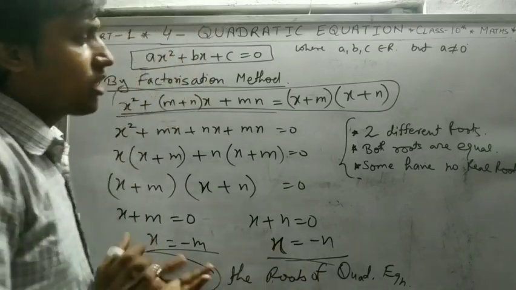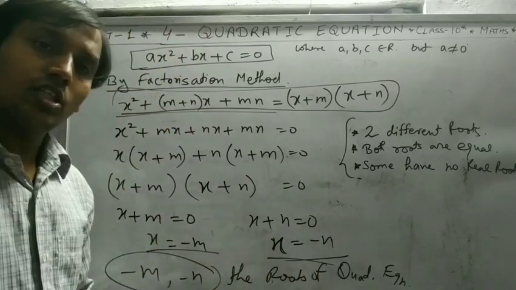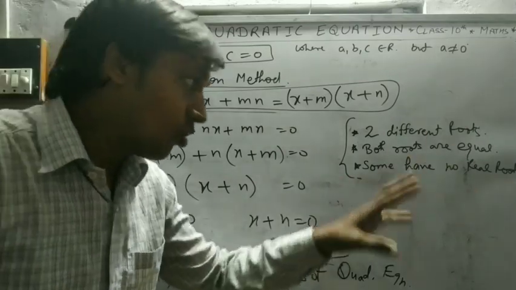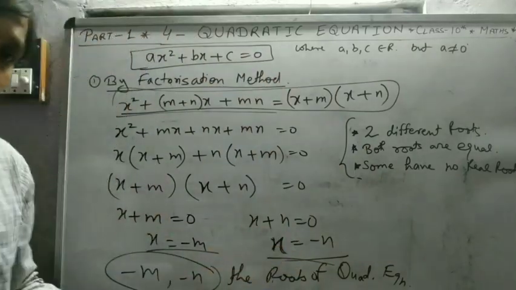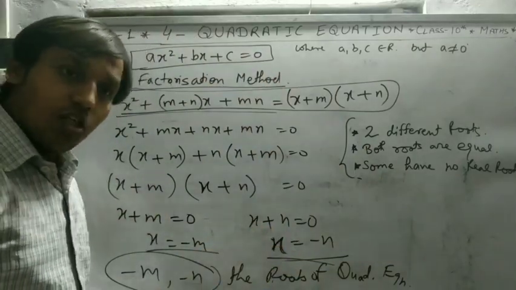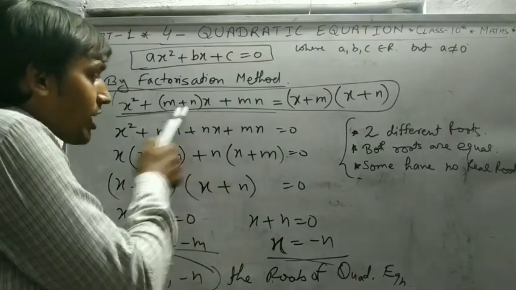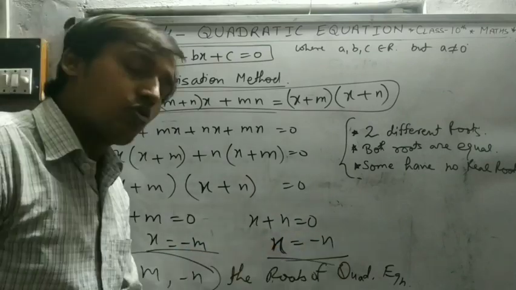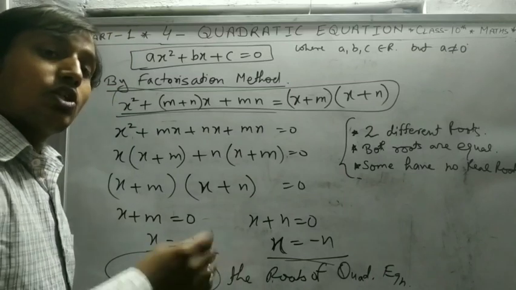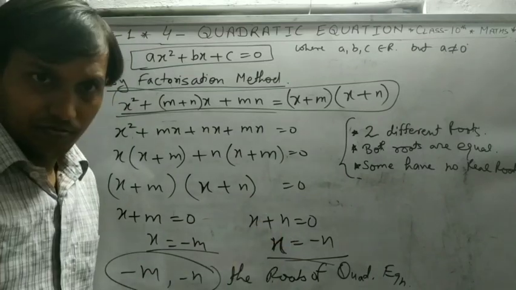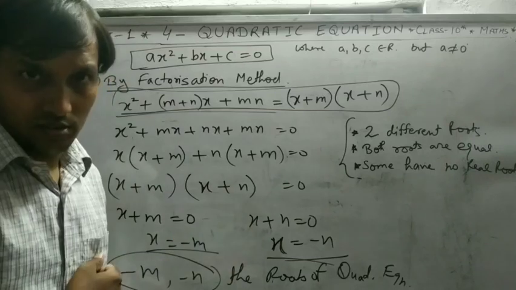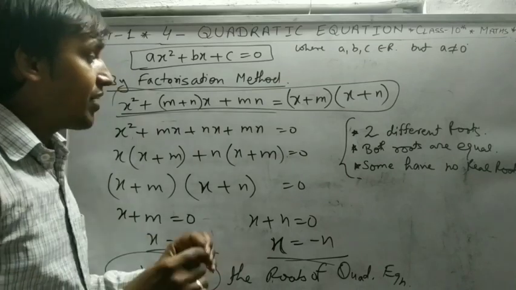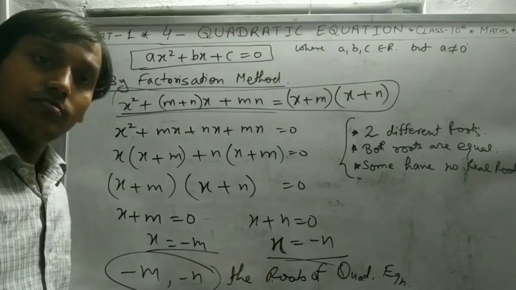In some cases you have to say this because the expression does not split. But don't say it has no roots, no real roots, because roots have two types, either rational or irrational. It might be possible that it does not split in the simplest form and we don't get the two zeros, which means the equation has irrational roots, not rational numbers. So don't always say that if it does not split, there are no real roots.